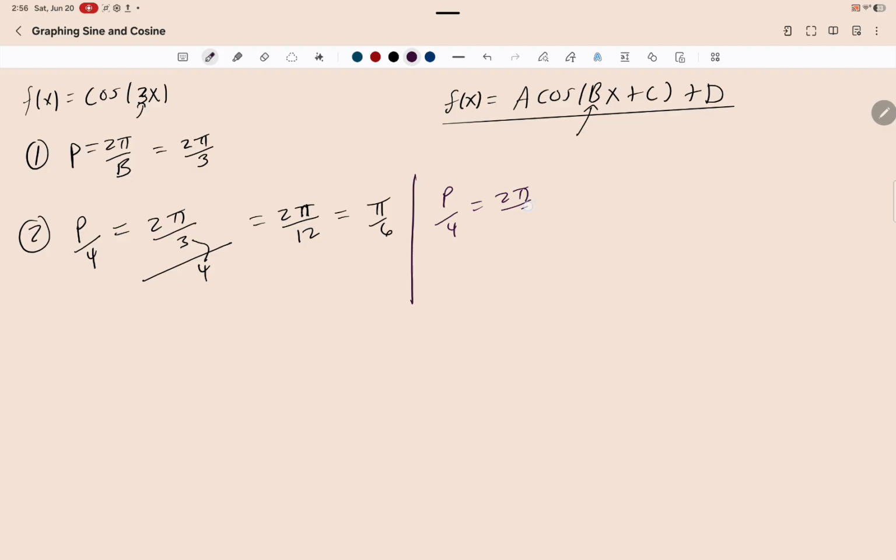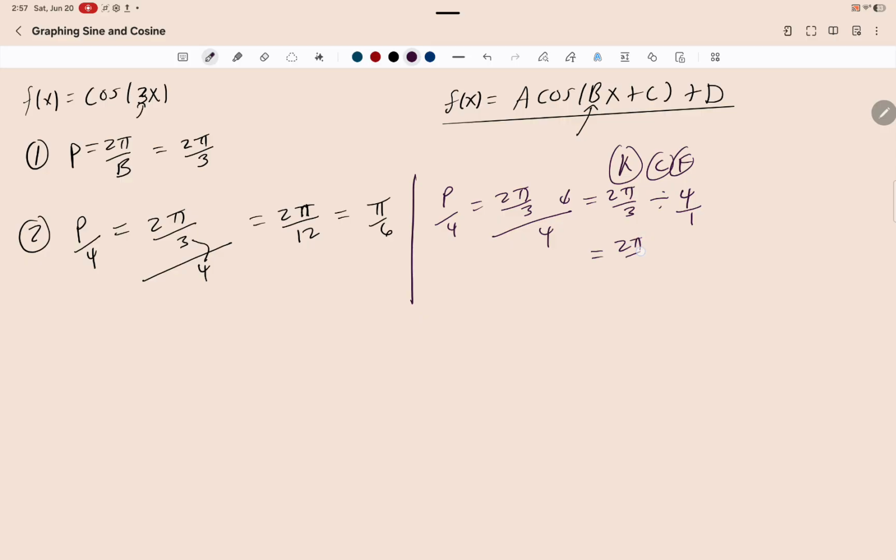But if you do not want to use a shortcut, or the shortcut doesn't make sense to you, recall that 2 pi over 3 divided by 4, this symbol here means division. So we're going to divide by it. So it's going to be 2 pi over 3 divided by 4, and I'm going to write it over 1. And the reason being, we cannot divide fractions directly, so we have to use our trusted friend KCF. In other words, keep, change, and flip.